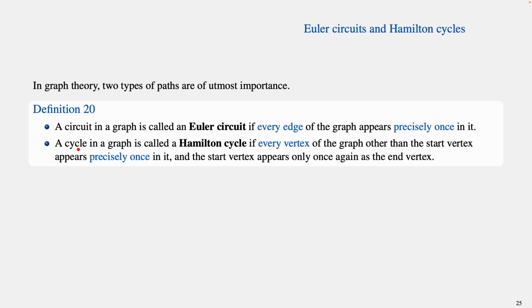And a cycle in a graph is called a Hamilton cycle if every vertex of the graph, other than the start vertex, appears precisely once in it, and the start vertex appears only once again as the end vertex. So recall, for a cycle it was required that all the vertices in it, other than the start vertex, appear at most once. And here we have a cycle that contains every vertex of the whole graph.